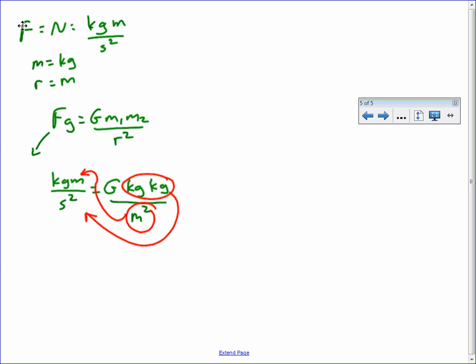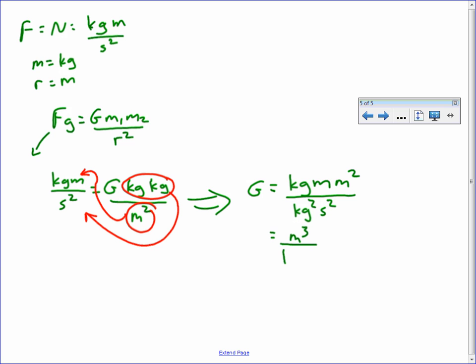So we end up with G equals kilogram meters squared per kilogram squared second squared, which when you cancel everything out is going to get you meters cubed per kilogram second squared. Should be the units of G.